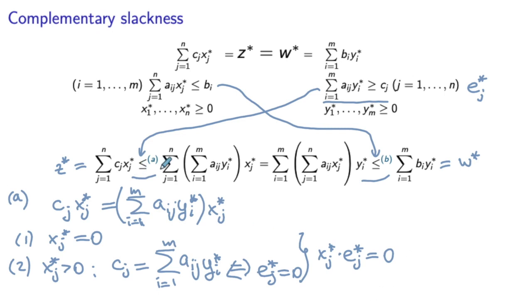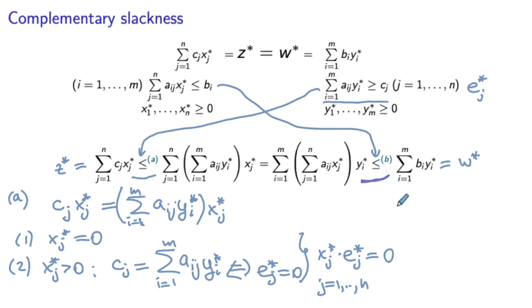All right, so for this inequality to hold at equality, this must hold for every j between 1 and n. All right, so this is the only way we can have the equality here, and at the optimum we must have the equality.